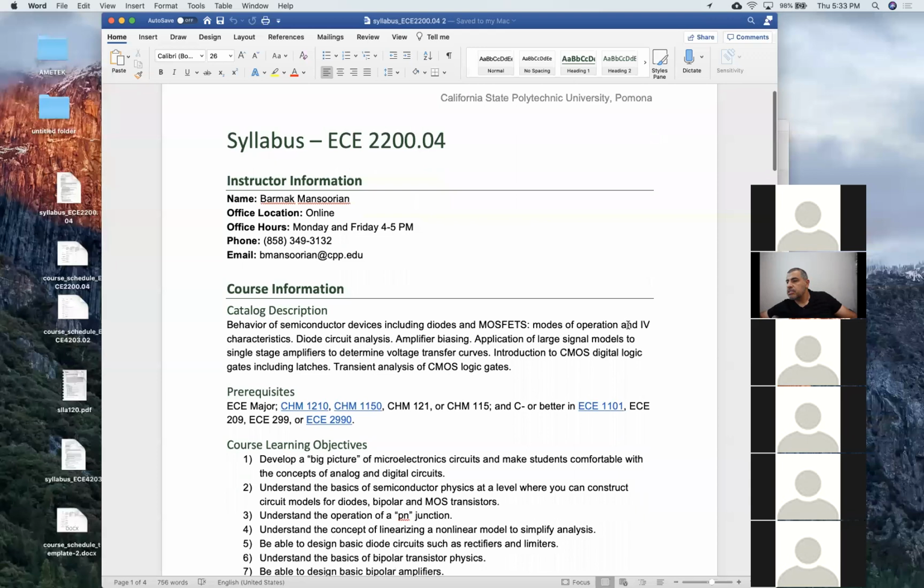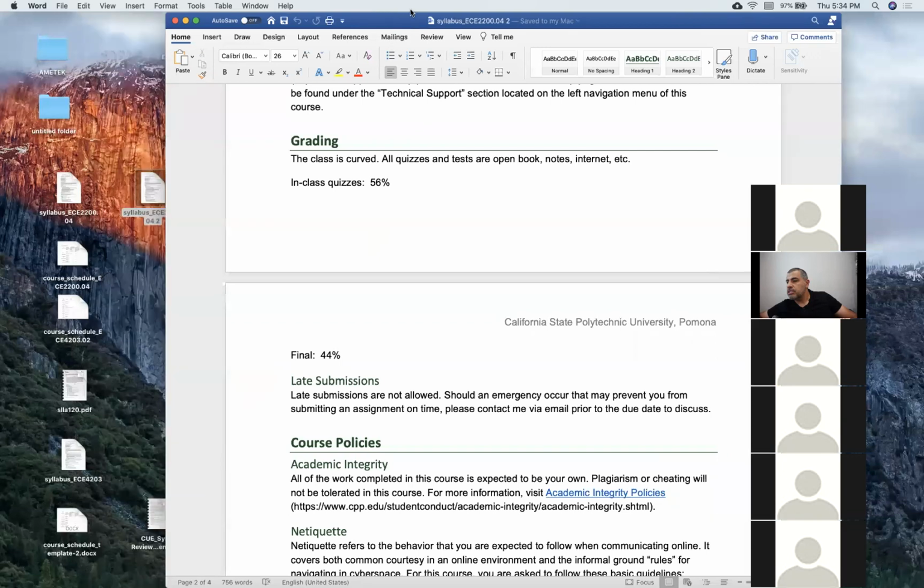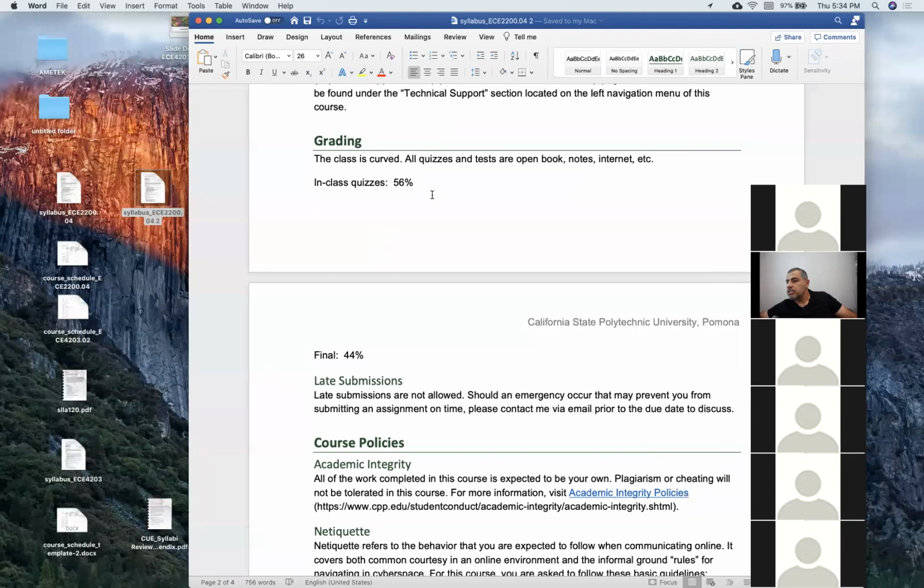So I don't know what it says in the catalog, but we're going to have the course be synchronous. I wanted to jump ahead to the grading and try to explain it. We're going to end up with about 7 in-class quizzes. They're going to be 30 minutes each, and that's 56% of the grade.